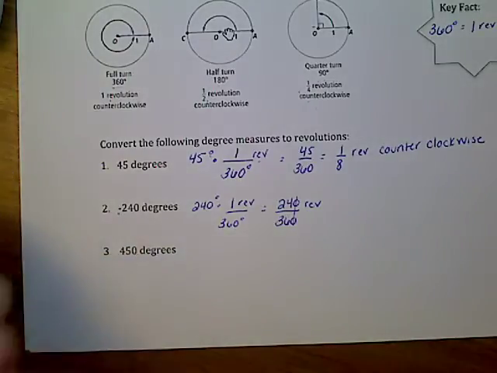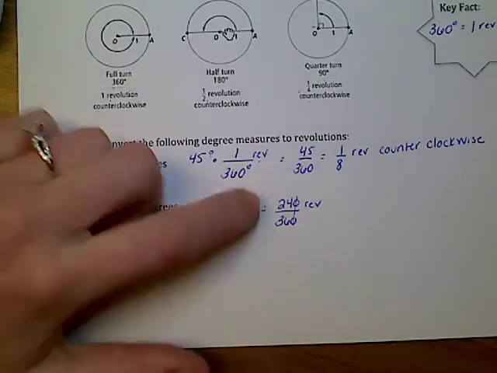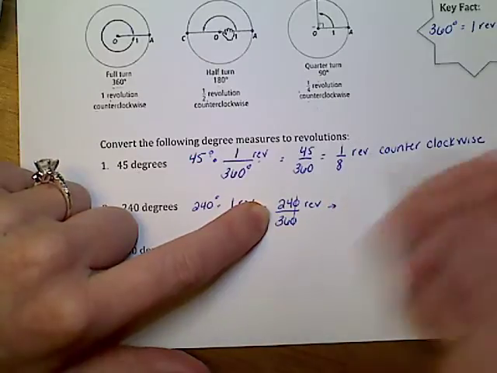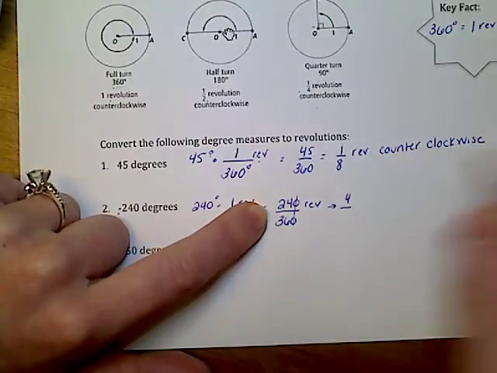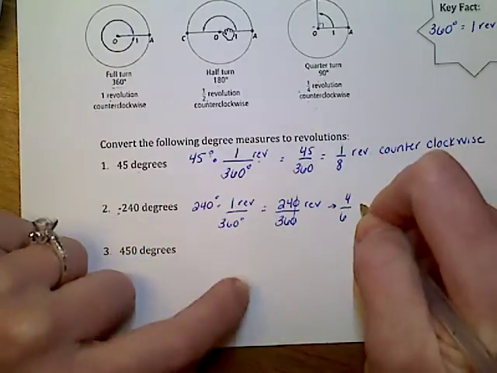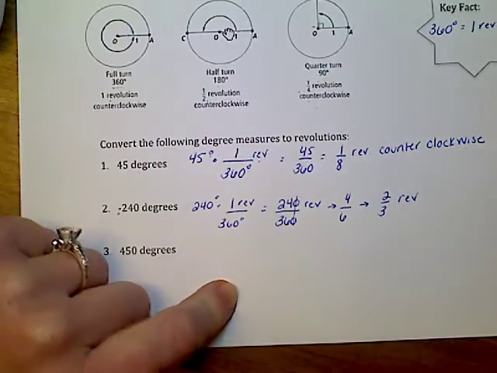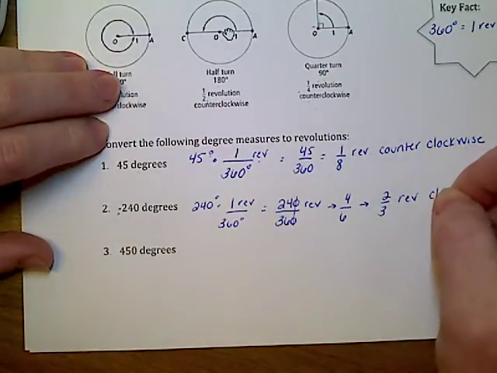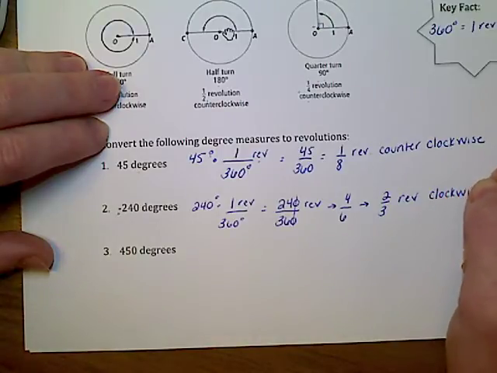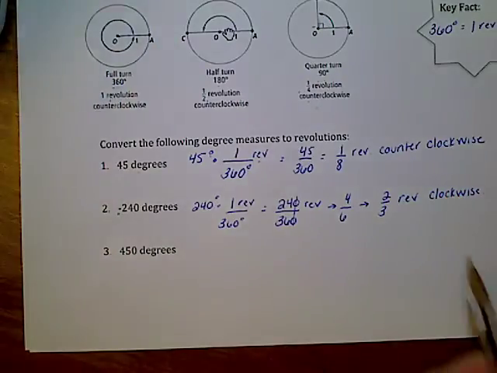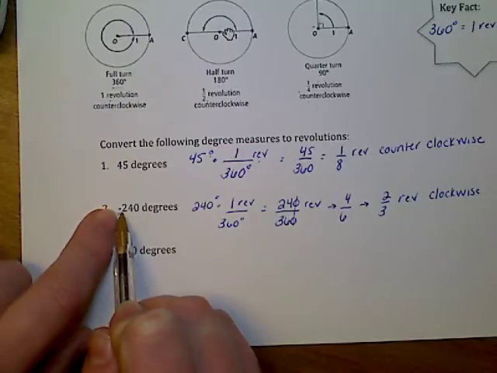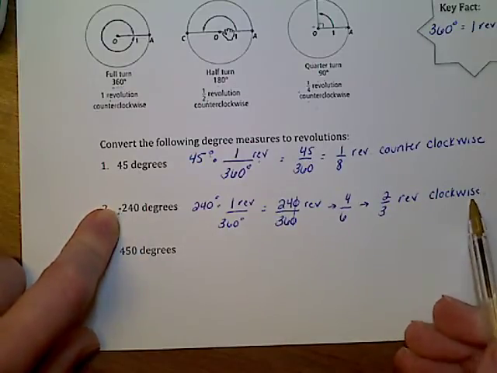Both of those are divisible by at least 6, so we would reduce to 4 out of 6, which reduces to 2/3. Now, this time I'm going to say revolutions clockwise. Alright, and the reason being is because this was a negative measure, so that would be going clockwise.